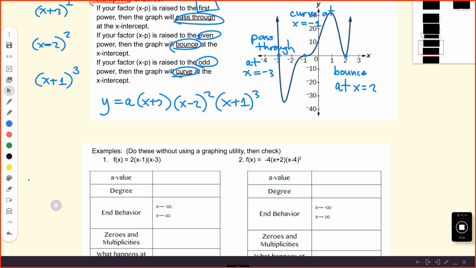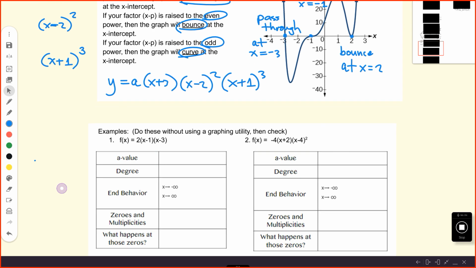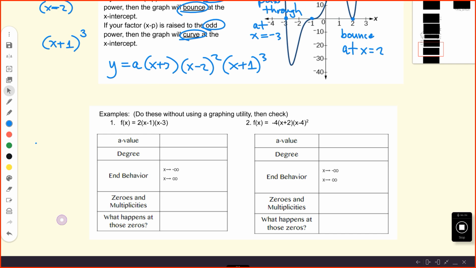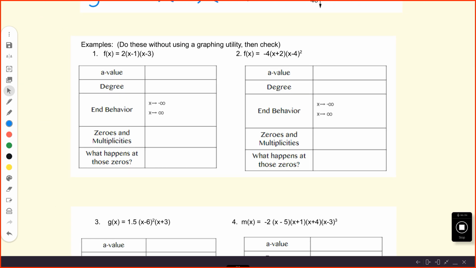So here are our examples. Do these without using a graphing utility. Let's start with number 1. Again, what is the a value? That's your leading coefficient, so that is 2. For the leading coefficient, we just have to determine if it's positive or negative.